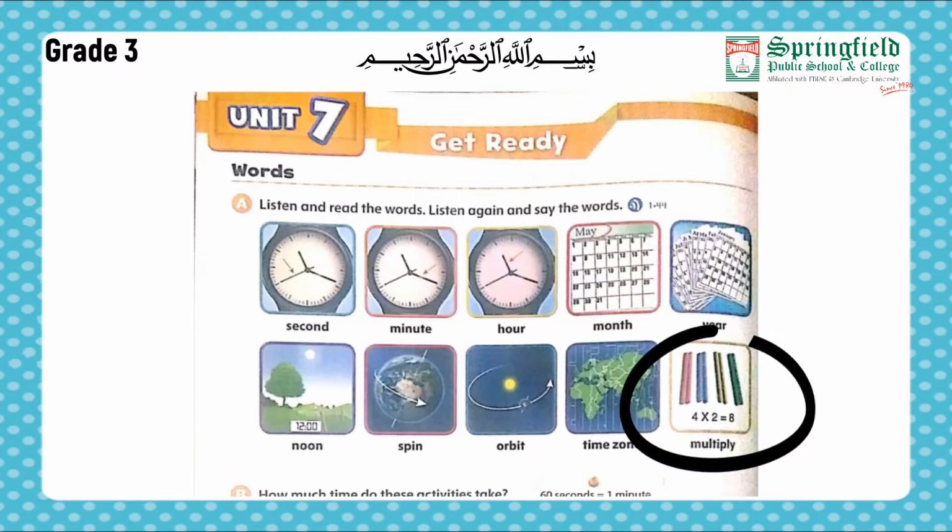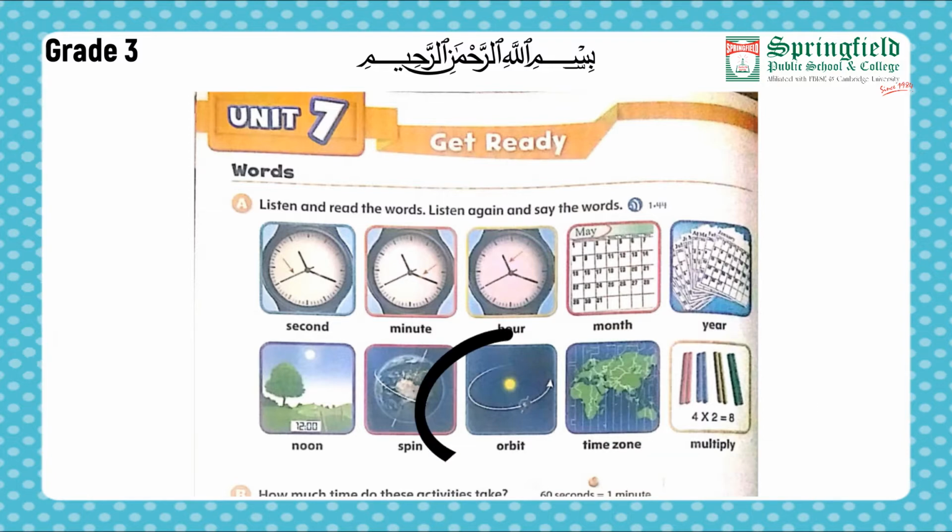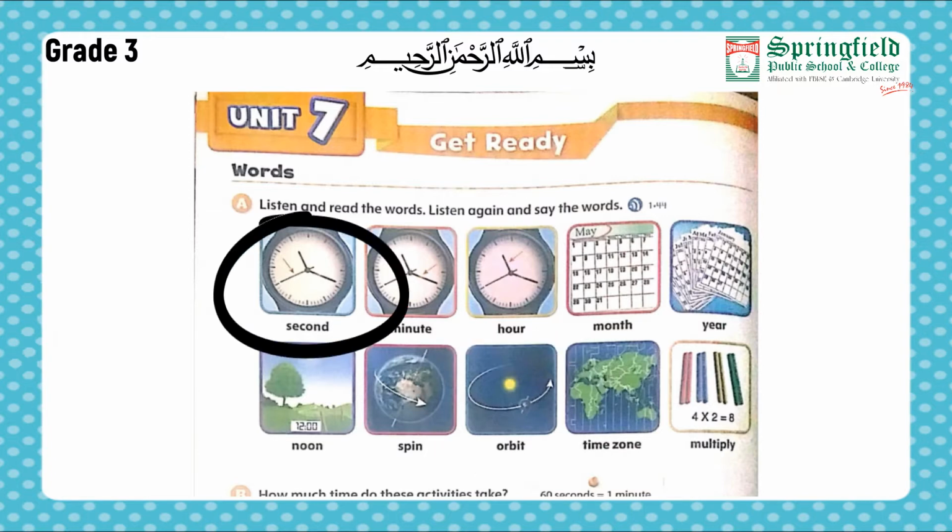Our next word, multiply. Multiply means to add a number to itself a certain number of times. Our next word is orbit. Orbit means to move around something, as our Earth is moving on its orbit around the Sun. Our next word is second.